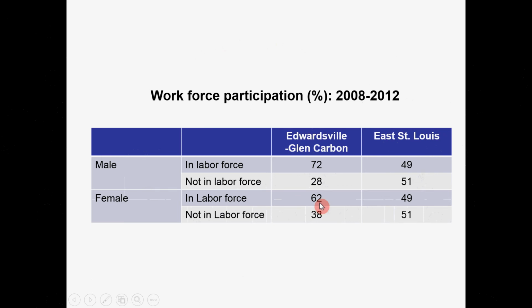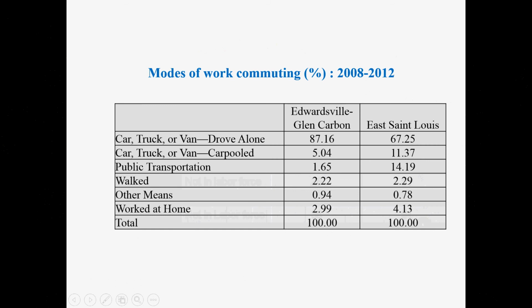For females, 62% versus 49% in East St. Louis. And for mode of commuting to work, mostly in Glen Carbon and Edwardsville people use a car, truck, or van, but in East St. Louis only two-thirds do, and more people rely upon public transportation.